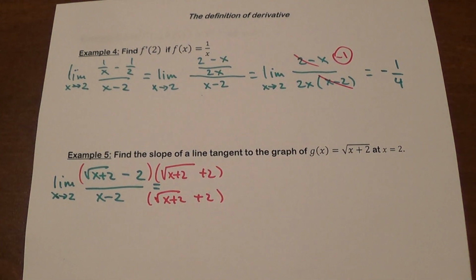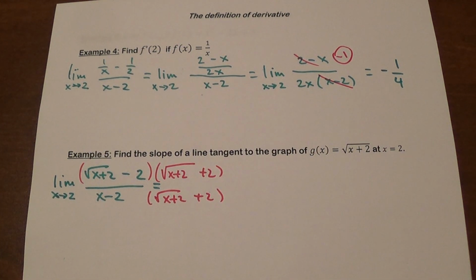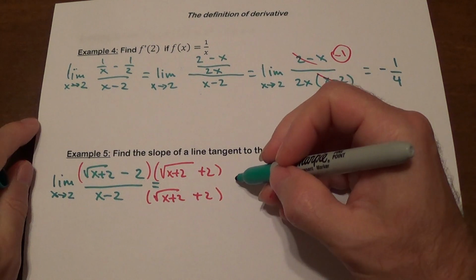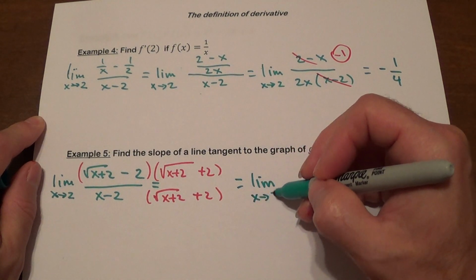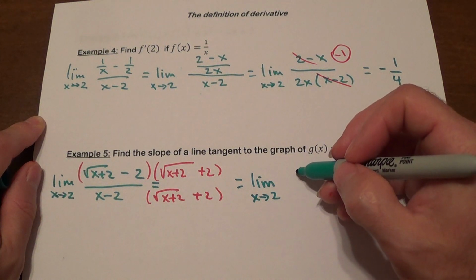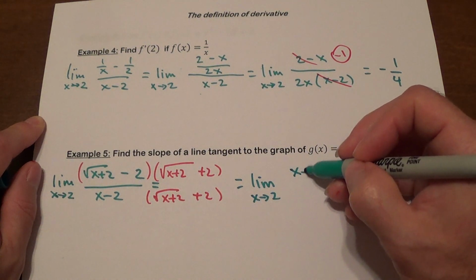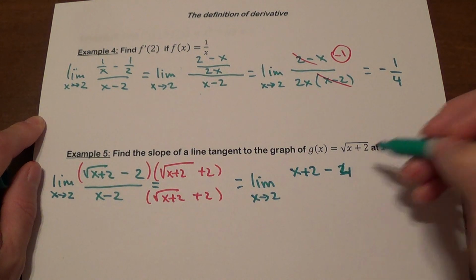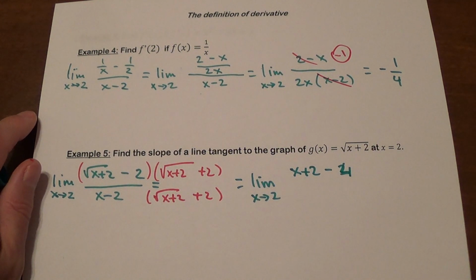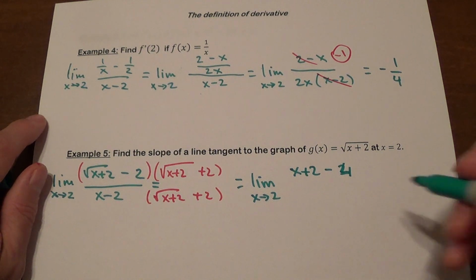Now it's going to get a little busy for a little bit, but we'll get through that. The limit as x approaches 2. So the numerator is difference of squares. That's going to give you x plus 2 minus 2. I'm sorry, minus 4. Right?